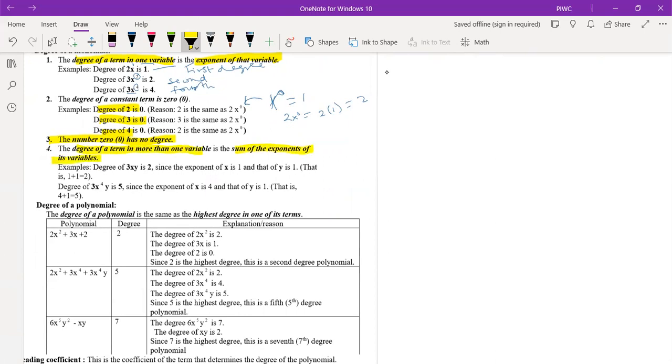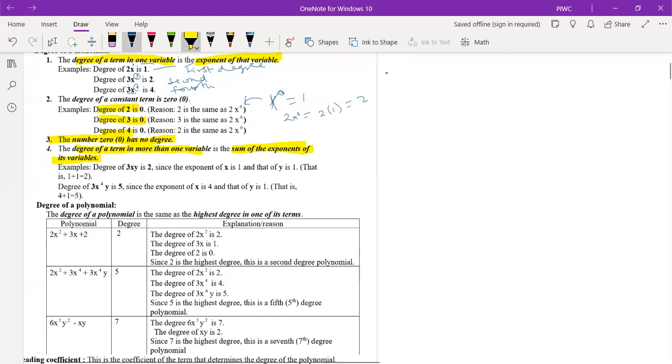So this time you're going to find the sum of the exponents of its variables within the term. For example, if you have 3xy, okay.